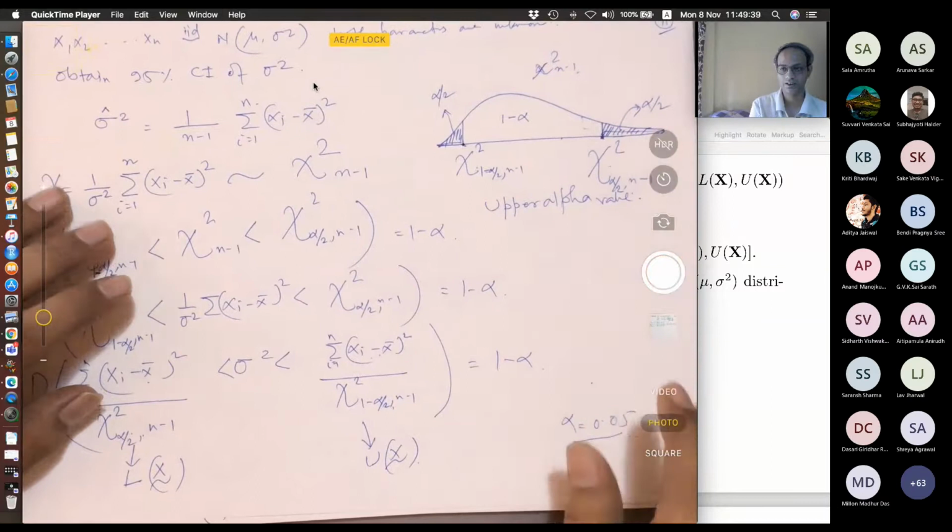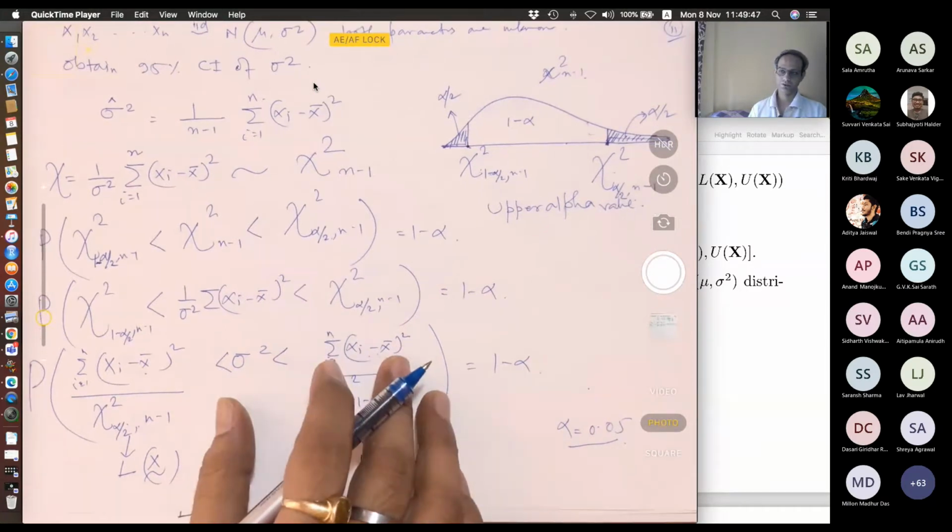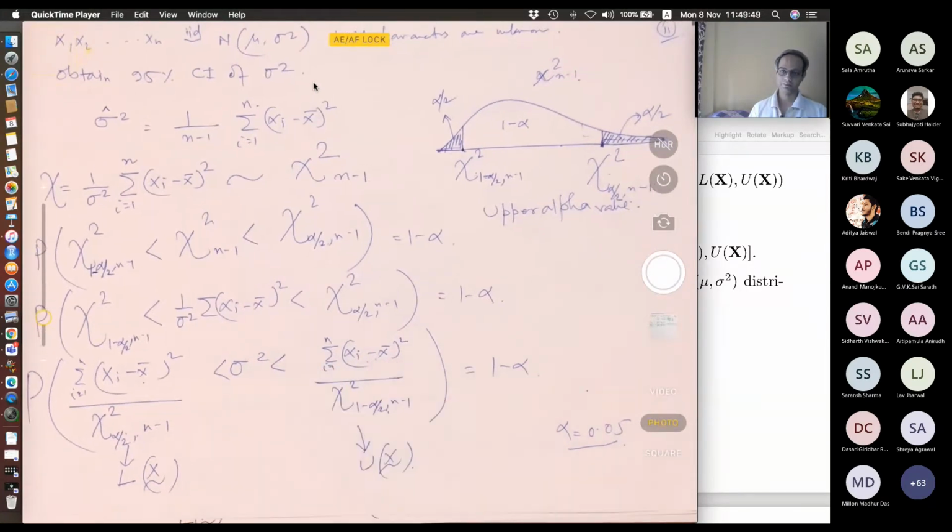So all these three important distributions you have seen here, normal, t, and chi-square, are being used for interval estimation. Also you can handle different cases, for example your score in mathematics and your score in statistics.